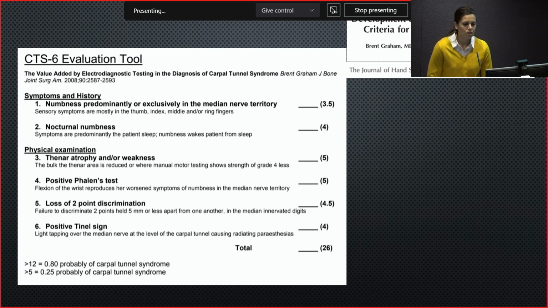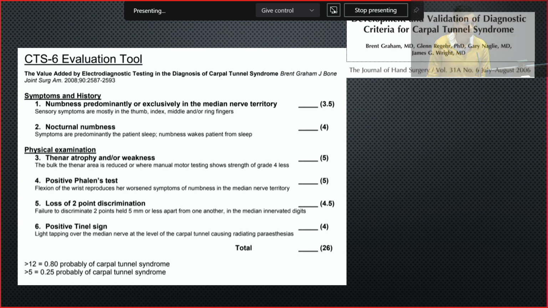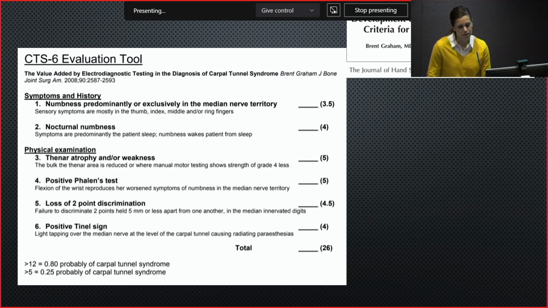The CTS-6 was developed by Graham and published in 2006, and in this study, they established consensus amongst clinical experts in the world of compression neuropathies on the most important clinical diagnostic criteria for carpal tunnel syndrome. They gave those criteria weighted values, and then they validated this diagnostic tool and called it the CTS-6.